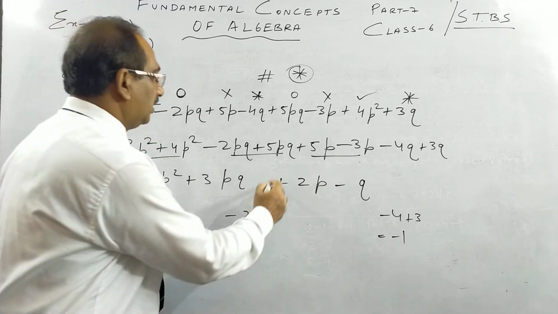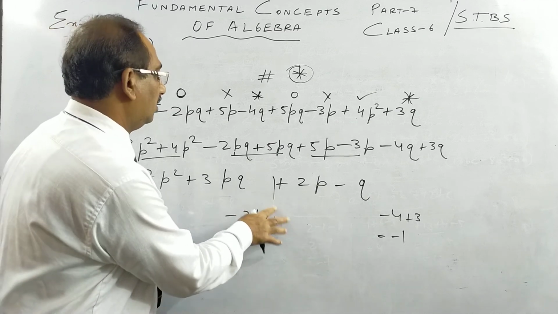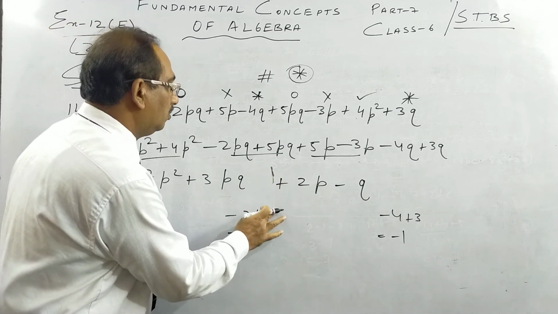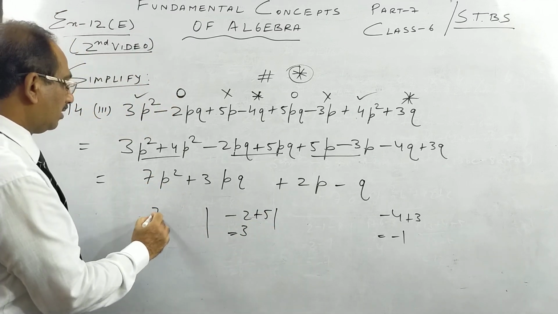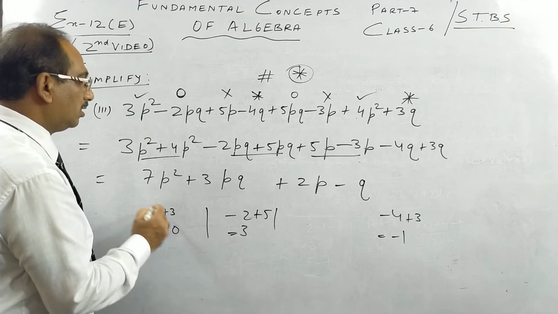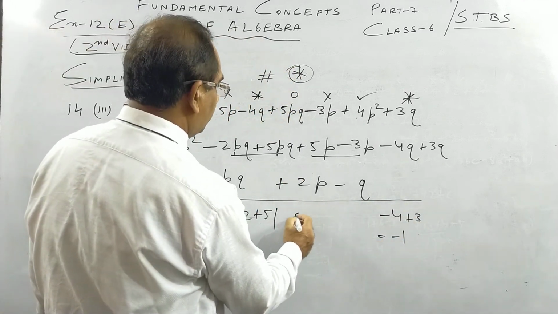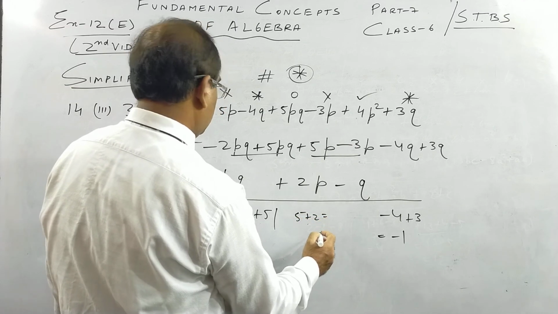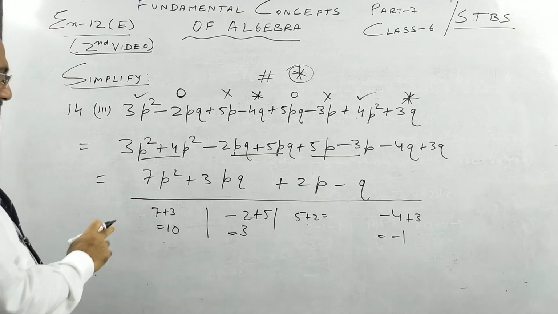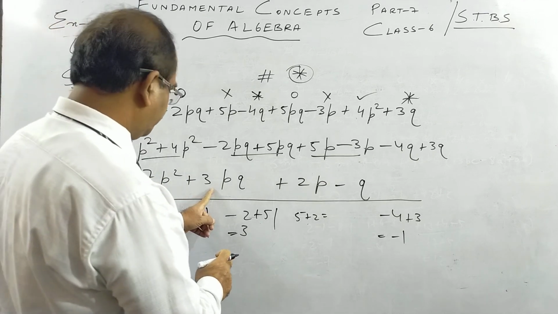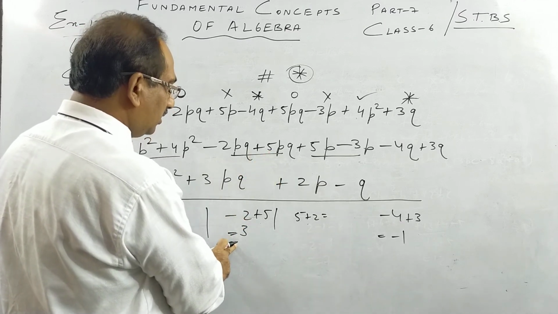Okay, then here, don't draw a line here, I was just showing you. Here you just differentiate like you have. Okay, 7 plus 3 is 10. So this is what should be in the rough work, children. So here, 7 plus 3, okay, we get here minus 2 plus 5 is 3.